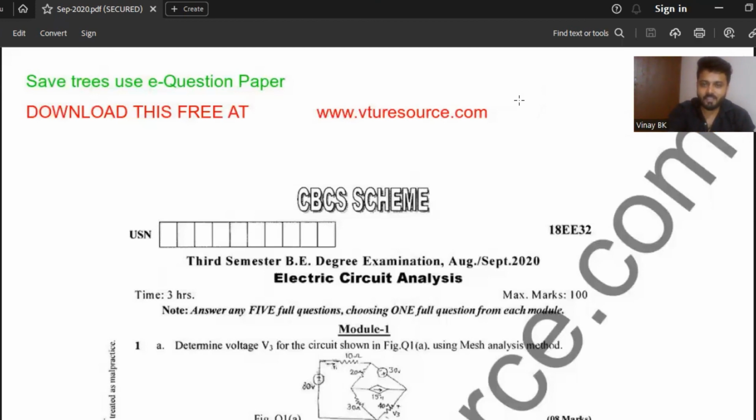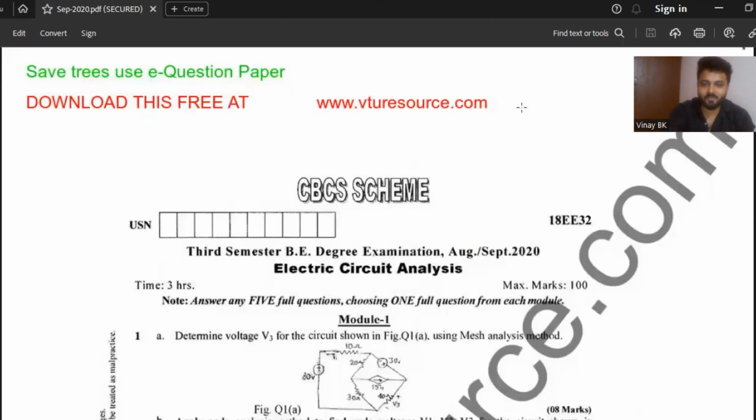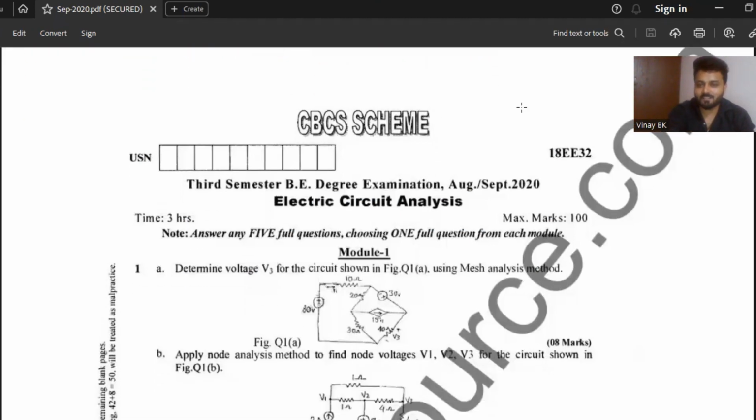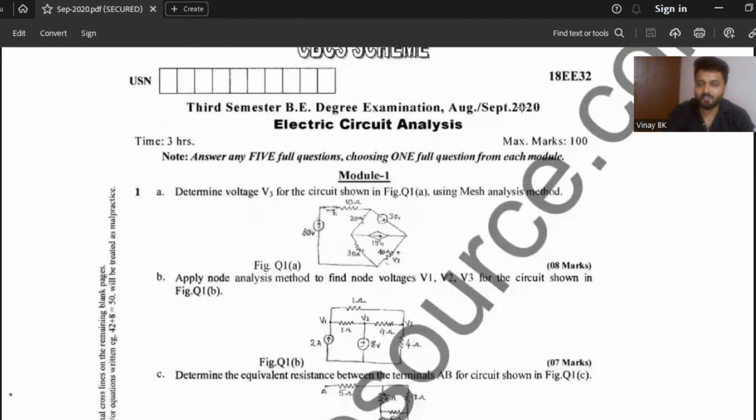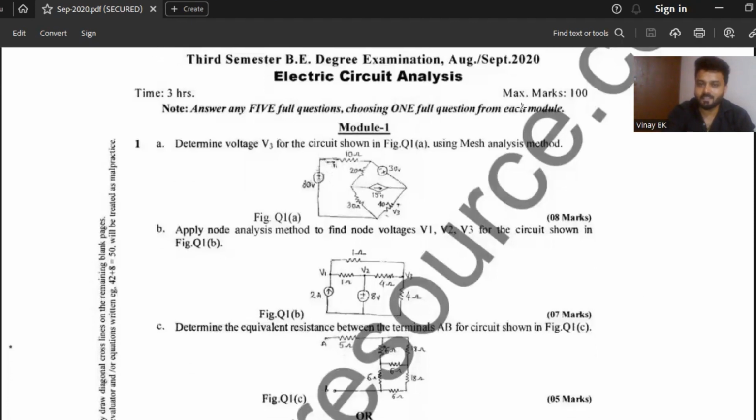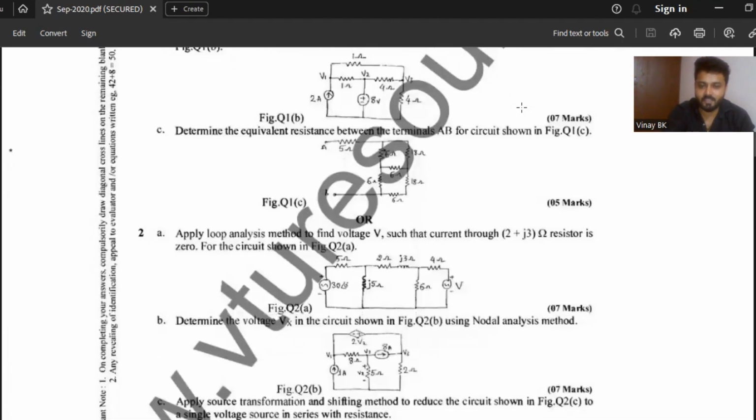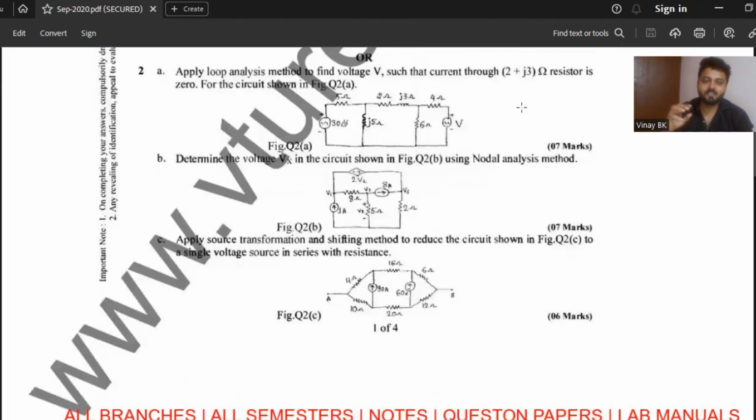So without wasting time, let us see the question paper of August September 2020 for the subject called ECA as well as network analysis. I will take problem number 2C. Apply source transformation and shifting method to reduce the circuit to a single voltage source in series with a resistance, which means that you need to reduce this network.